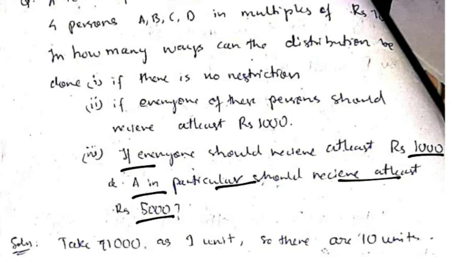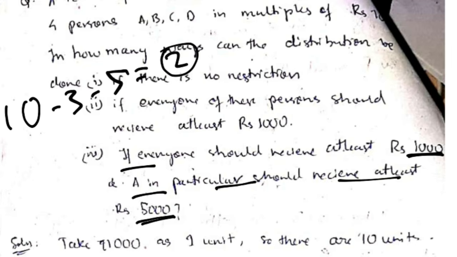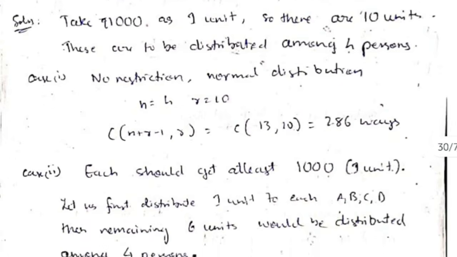So if 3 of them receive 1000, we deduct 3 from 10, and A should get 5000. The remaining will be 2000, which means 2 units. Now 2 units have to be distributed among 4 people, so n is equal to 4 and R is equal to 2. By using that formula we will get the total number of ways.